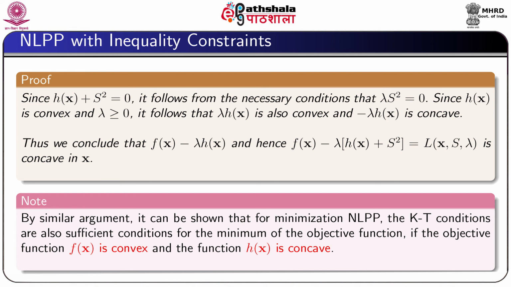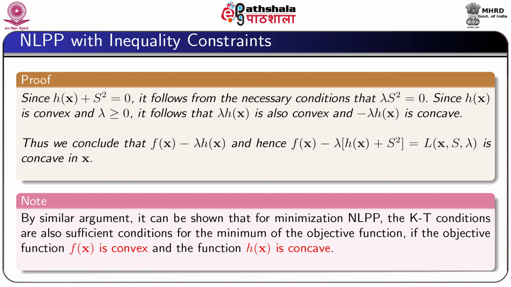Thus, we conclude that fx minus lambda hx is concave and hence fx minus lambda into hx plus s square, which is equal to L, is also concave in x, as we have already shown that lambda into s square is equal to 0.